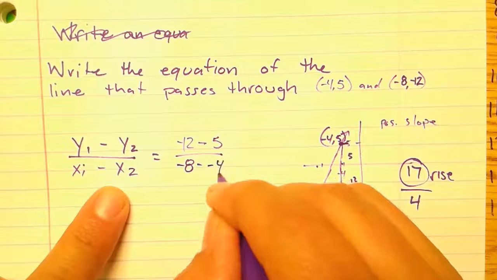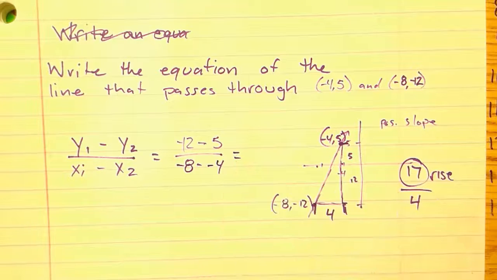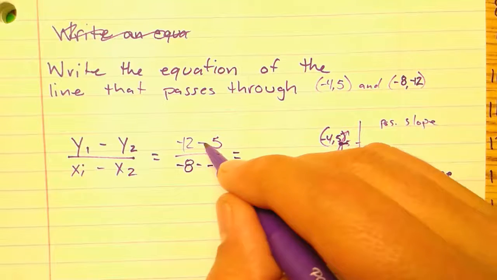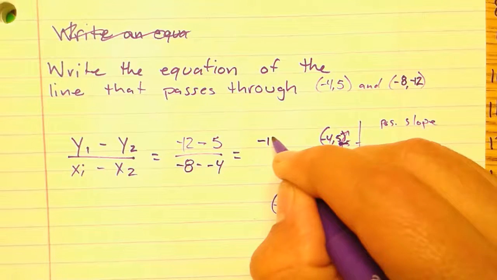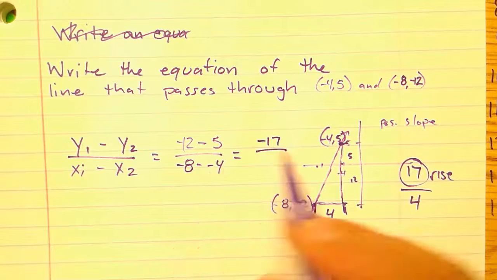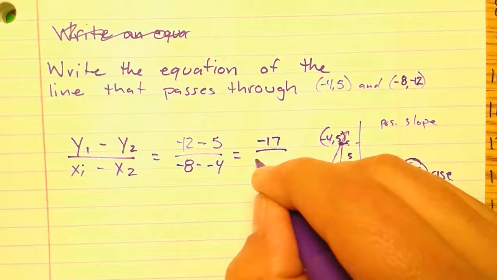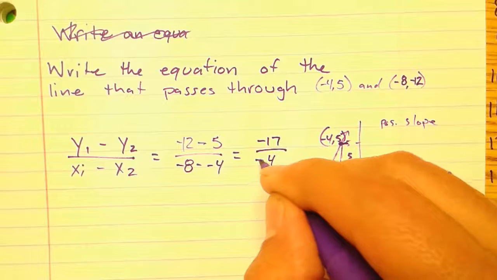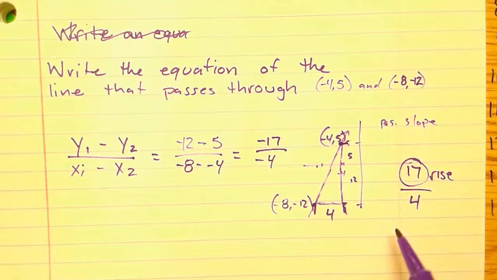When I do my math here, it's pretty simple. -12 minus 5 is -17 over -8 minus a -4 is -4. Negative divided by negative is a positive. And if you notice, that is that same slope that I got earlier.